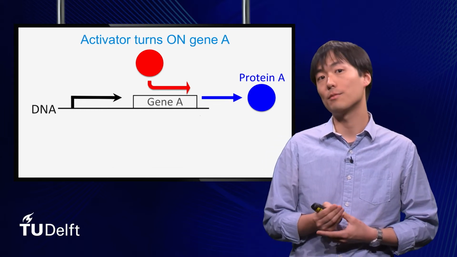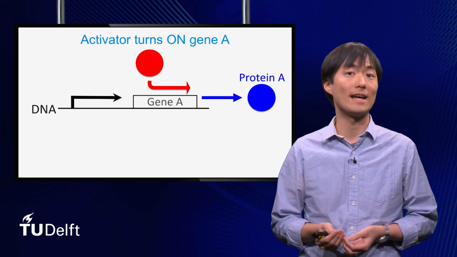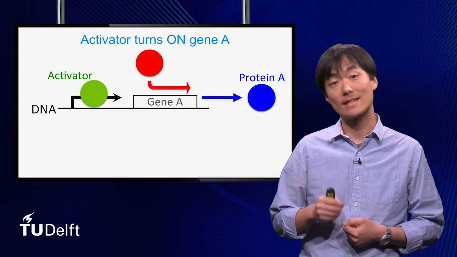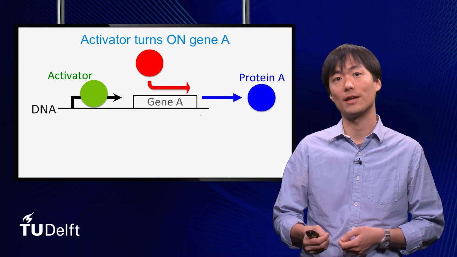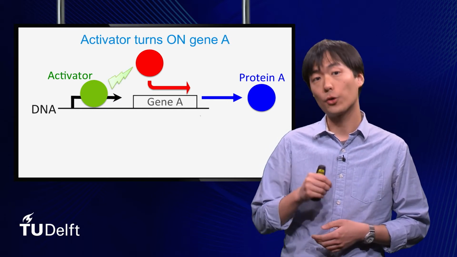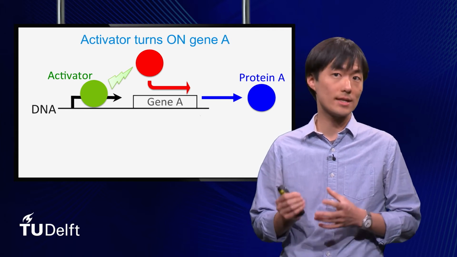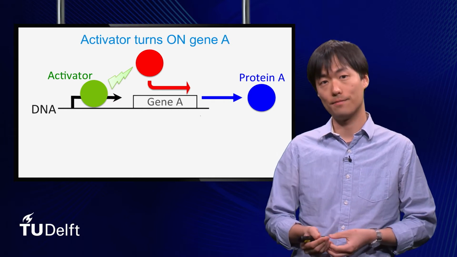Here's another type of promoter. A promoter can be a special sequence of DNA that this green protein recognizes and then sticks to. This green protein is called an activator. It binds to this promoter. It then turns on the production of protein A by recruiting the sliding protein to come here and through this gene.